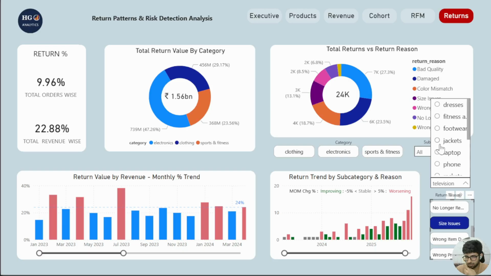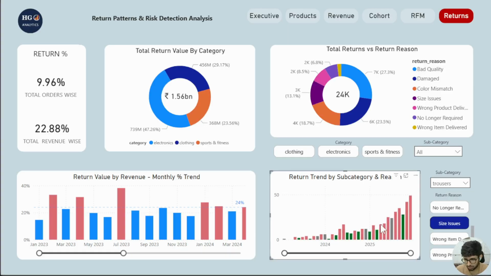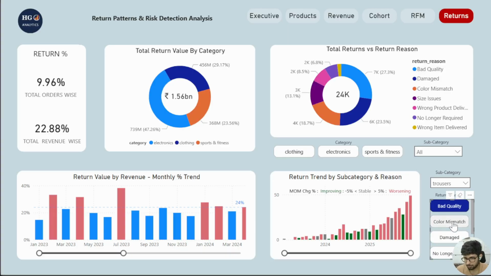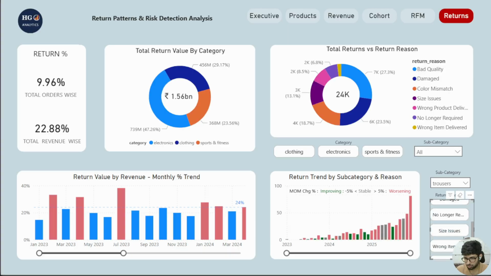Let's talk about trousers. How was the trousers trend? You can see in the end the trousers trend is increasing, so they are constantly sending wrong sizes to the customers. And the bad quality is also worsening, and the color mismatch is also worsening.